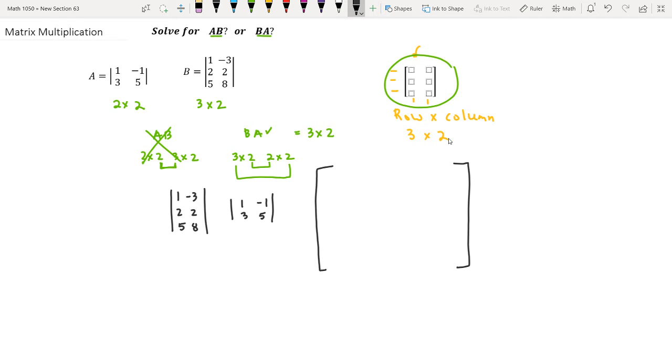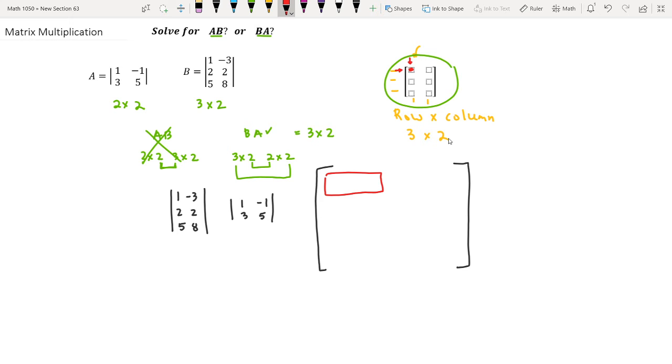I'm going to fill this in, but I'm going to be doing it by steps. The first thing I want to solve for is this top left-hand corner. In order to get that, I'm going to have to look at the first row and the first column, and combine those together.